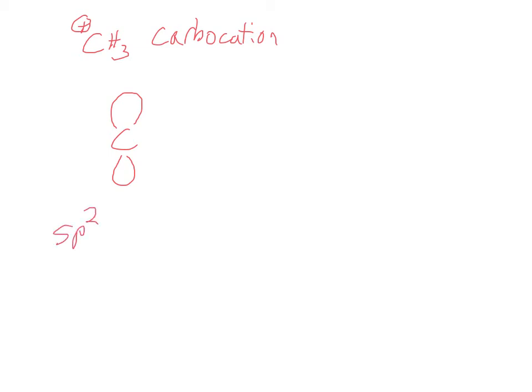And if something is sp2 hybridized, what orbitals must it have? If you're sp2 hybridized, what are your orbitals? You have one p orbital and then three sp2. That's the kind of stuff you should be able to just spit out. That should be intuitive to you. So if I'm going to draw this carbocation, this CH3 plus in the sp2 hybrid form, what would that look like? Well, that will look like this.